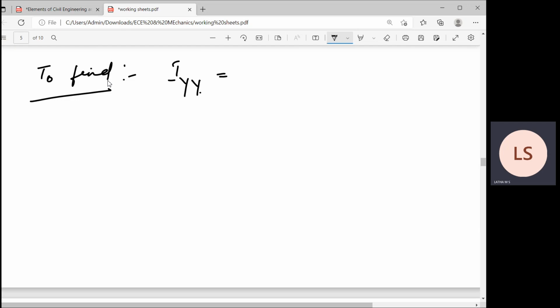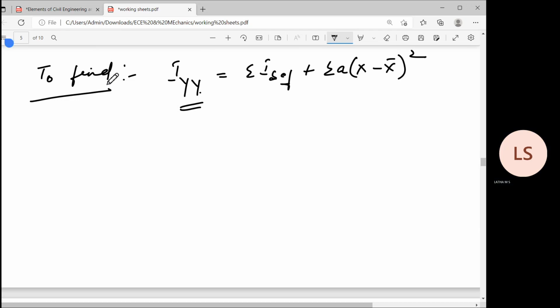What could be the equation for this? It will be I self plus summation of A into, when it is x, y, we are supposed to take it as y, x minus x bar the square. Now I'm supposed to calculate what is x minus x bar the whole square. Why am I doing this here?